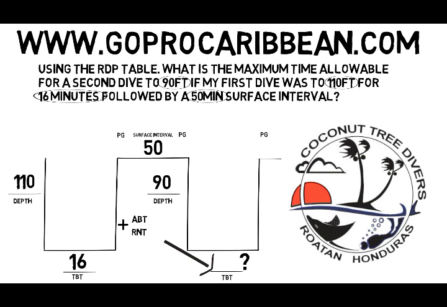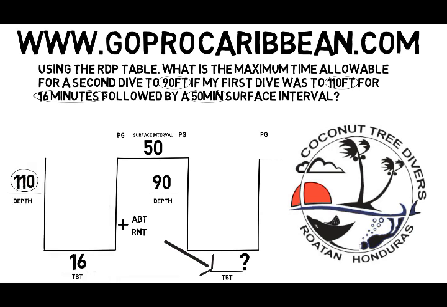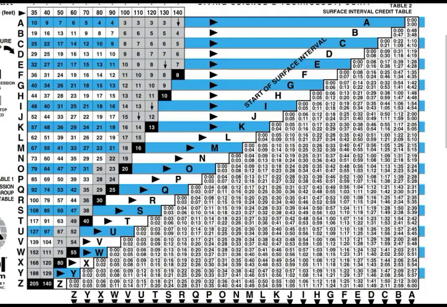So now, starting again, moving from left to right on our diagram, we have 110 feet and 16 minutes. That's the first information we have, and the first blank is the pressure group at the end of the first dive, and that's what we need to put in.